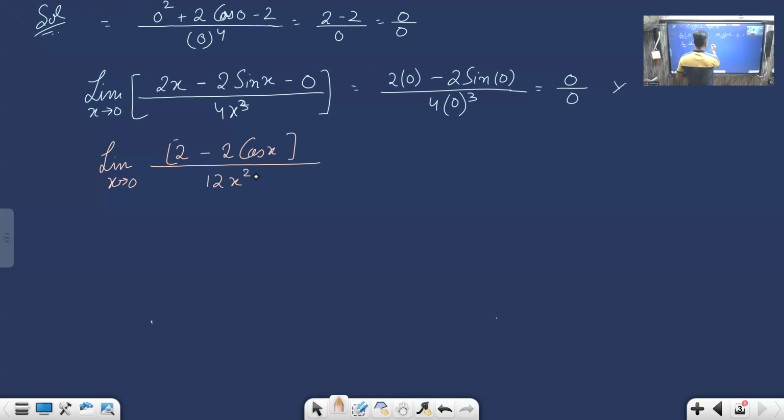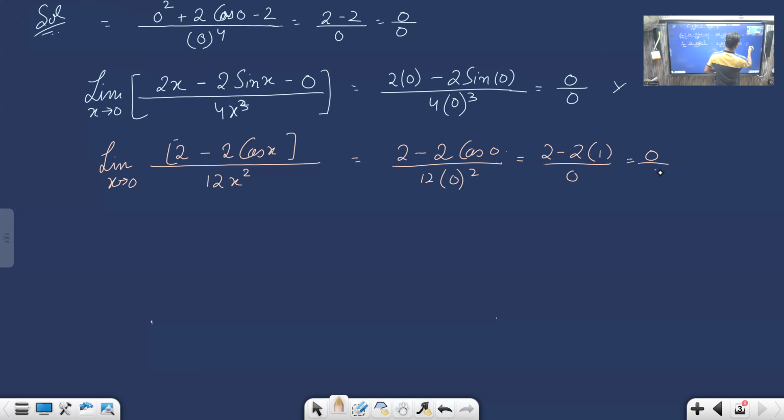Let's put it. 2 minus 2 cos 0 divided by 12, 0 square. Cos 0 is 1. 2 minus 2 into 1. तो नहीं हुआ.